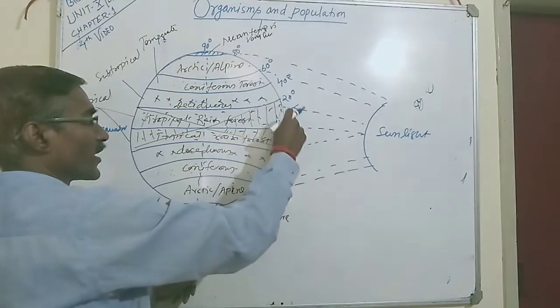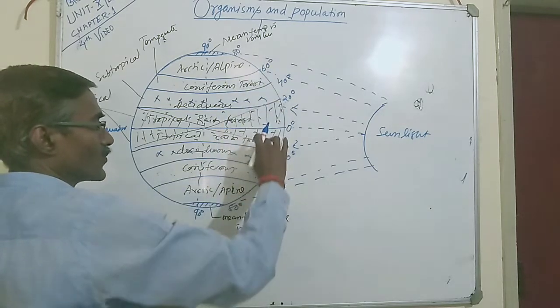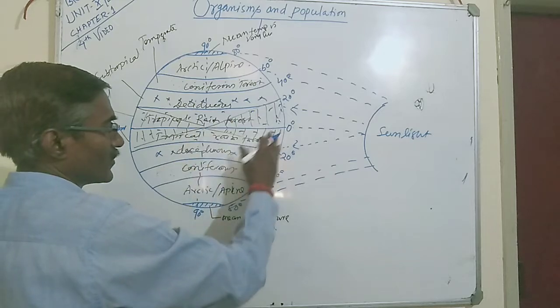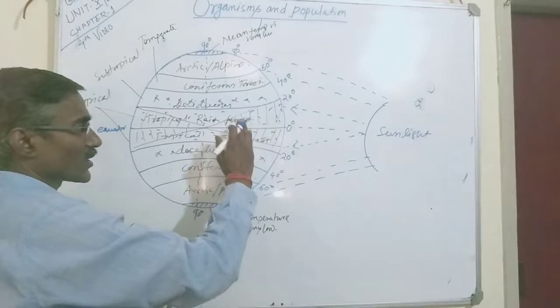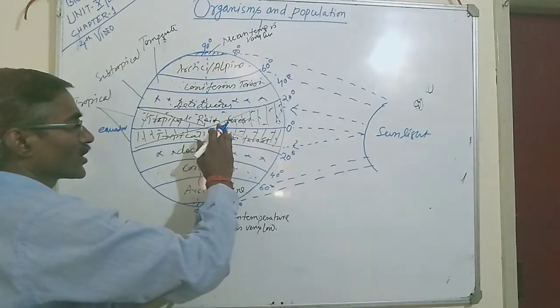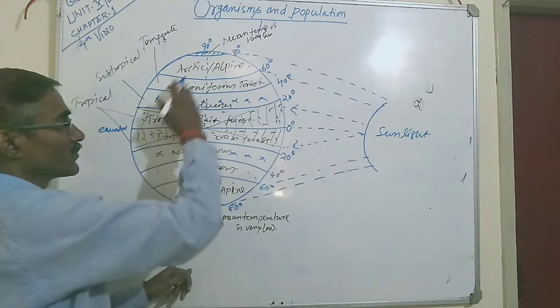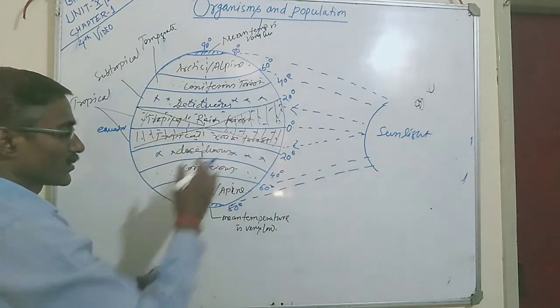The mean rainfall or precipitation is greater than in the other biomes. So that's why diversity is also maximum here. At the organism level, environmental factors, temperature and rainfall, affect the organisms and they change, and that change creates the major biomes in the whole world.